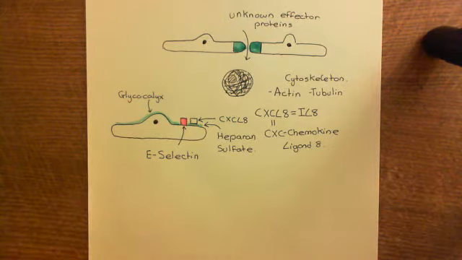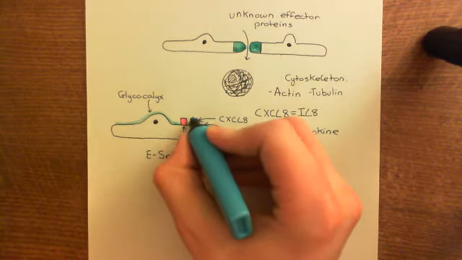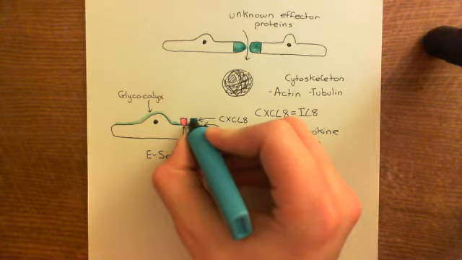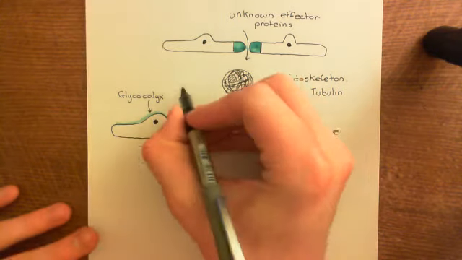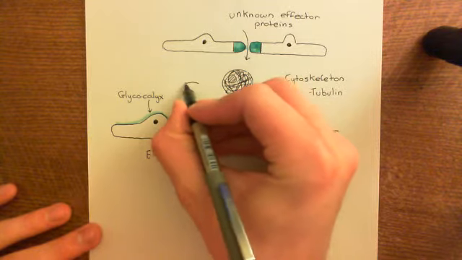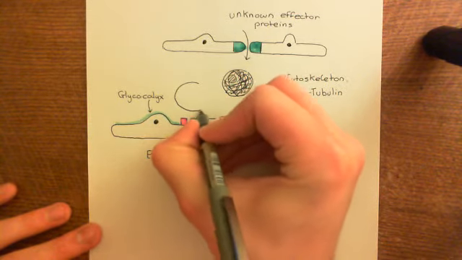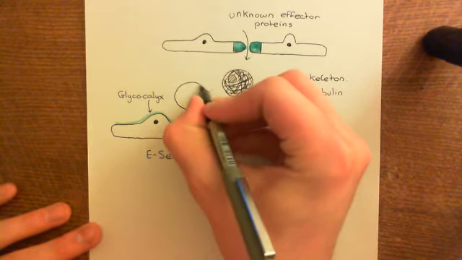Okay, so I'll highlight that in blue. Now, these two proteins, E-selectin and CXCL8, are going to be expressed on the surface of endothelial cells in response to NF-kappa B. So NF-kappa B is going to increase the expression of E-selectin and CXCL8 on the surface of the endothelial cells. Okay, now, this is going to help with the recruitment of neutrophils into the site of infection, basically.